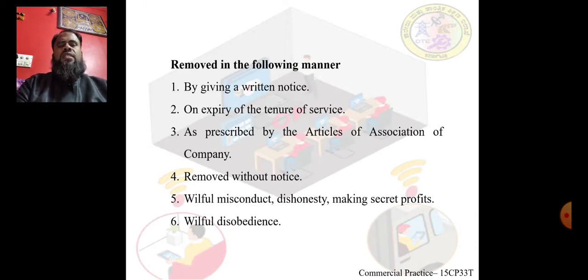Therefore, we can say that a company secretary can be removed or terminated from his services without giving notice in the following situations.